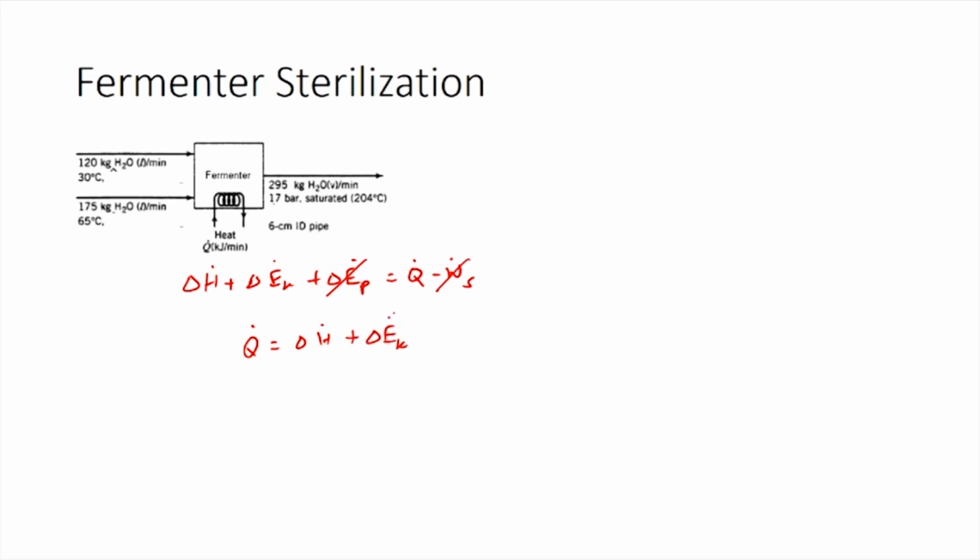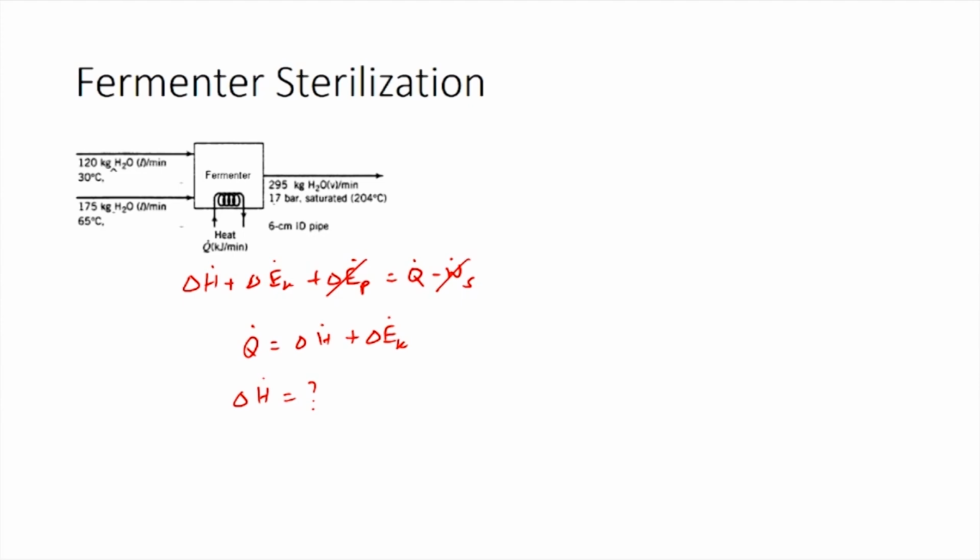So, let us first calculate delta H dot. For calculating delta H dot, what do we need? We need information about the inlet enthalpies and the outlet enthalpies. We can identify these by using steam tables.